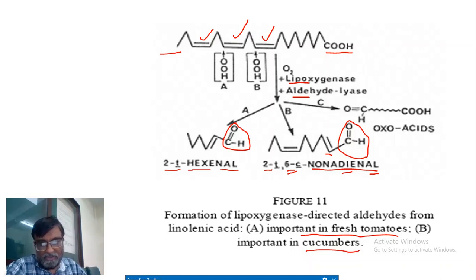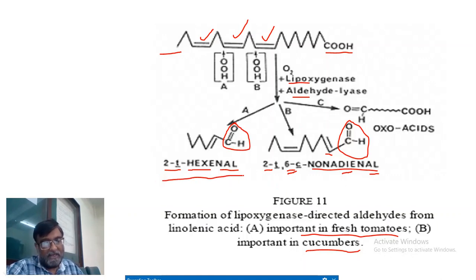So you can produce it artificially. If you want to produce a fresh tomato type of substance, you will start with linolenic acid and produce 2T-hexenal. That will be the tomato flavor.